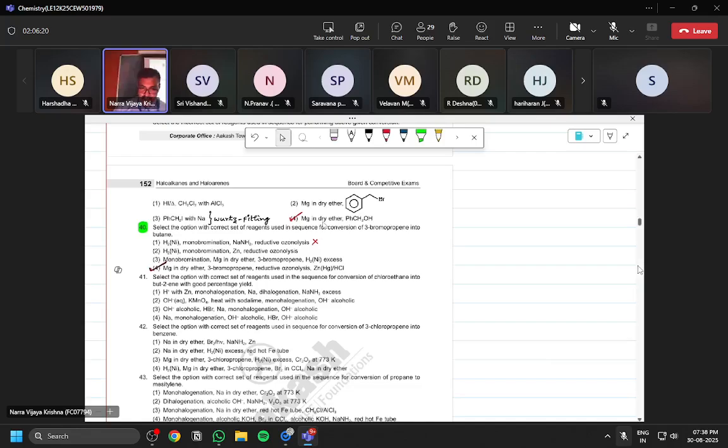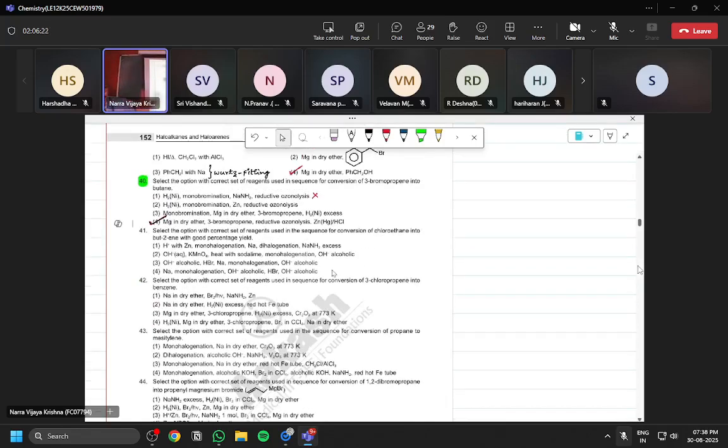Select the option with the correct set of reagents used in the sequence of conversion of chloroethane to butadiene. Chloroethane should convert into 1,3-butadiene. This should be obtained. First I am adding H plus in presence of zinc.